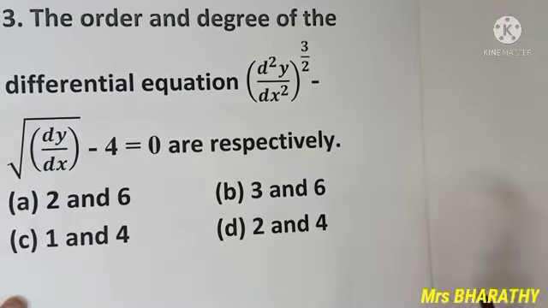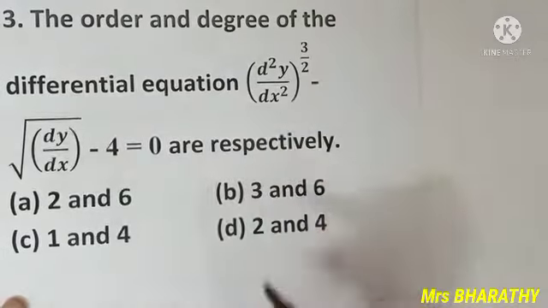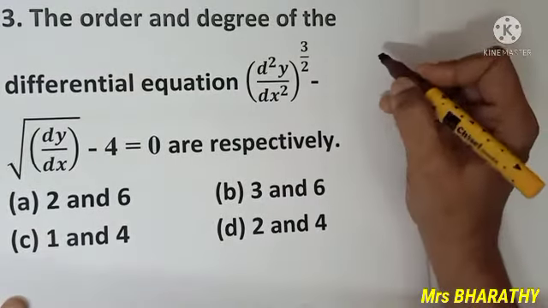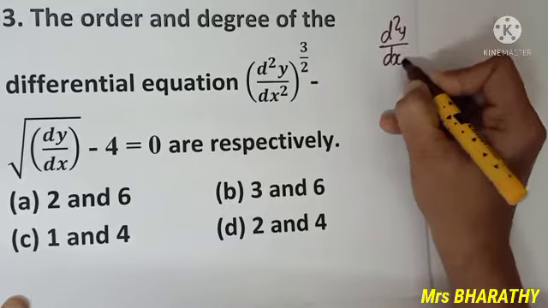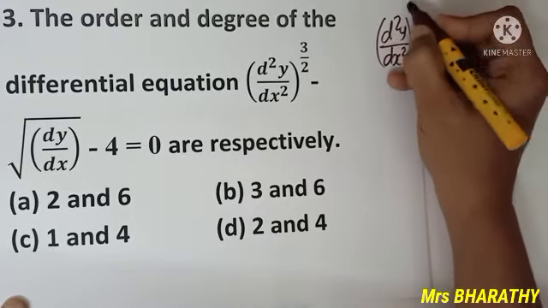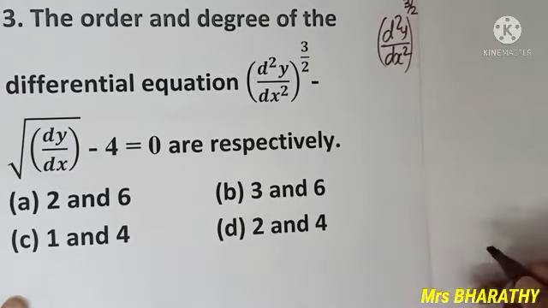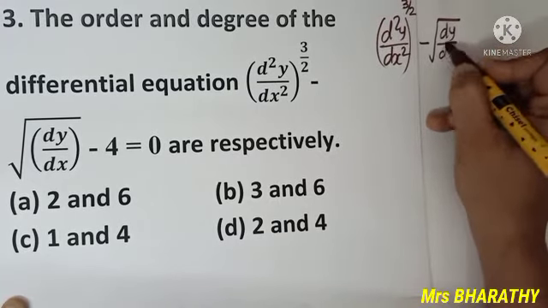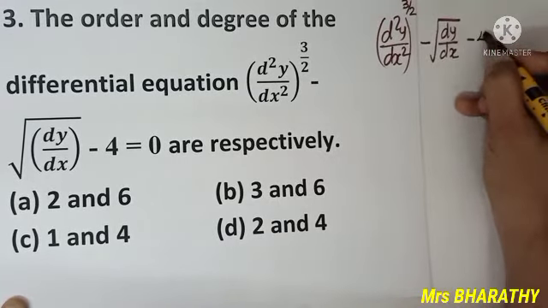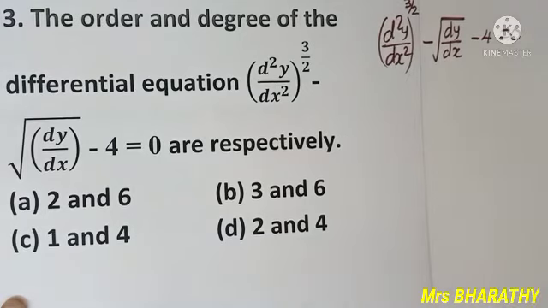Question number 3. The order and degree of the differential equation. As I look at the question, it is d square y by dx square, the whole power 3 by 2 minus root of dy by dx minus 4 equal to 0.